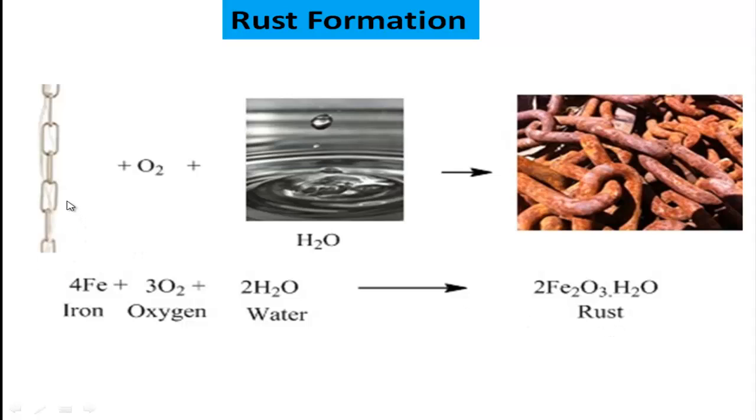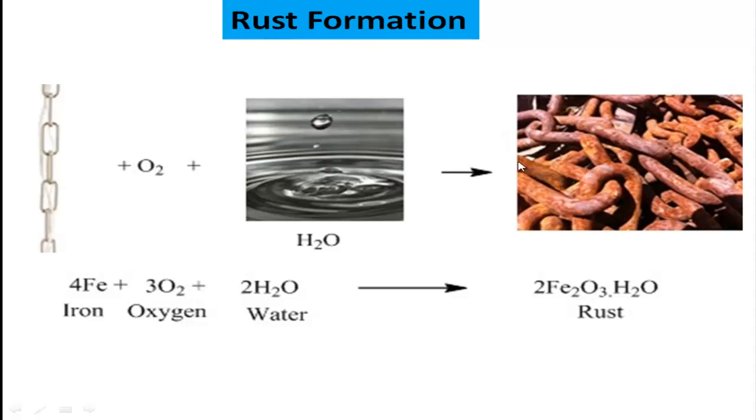So what is happening here: white or gray colored iron is converted into reddish brown colored iron. This reddish brown color is not a color change of iron, this is actually rust formation, isn't it? And this rust is formed how? Through a chemical reaction, isn't it?